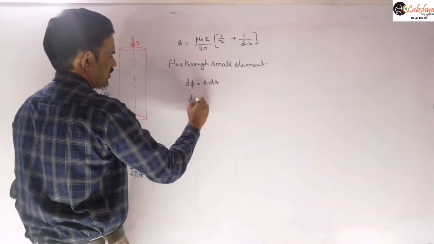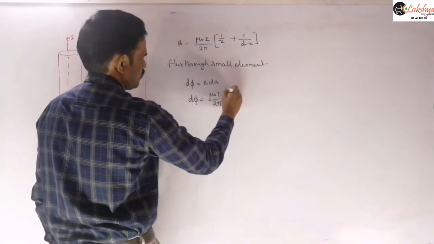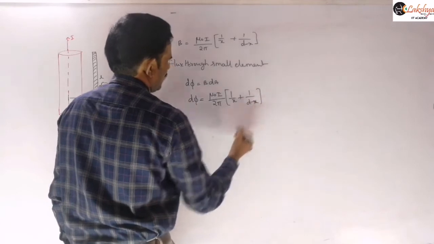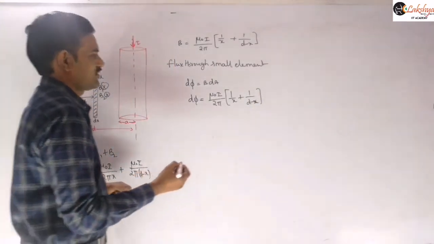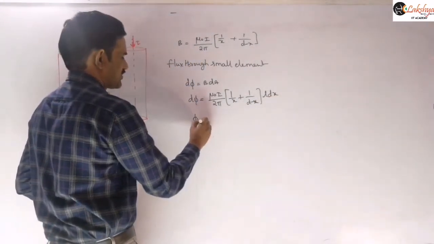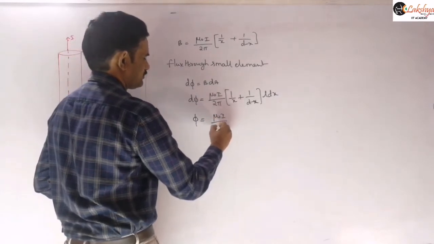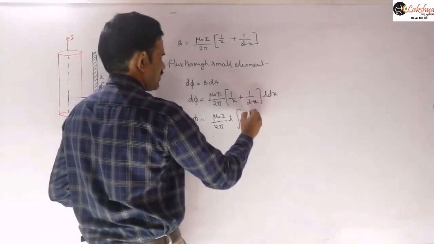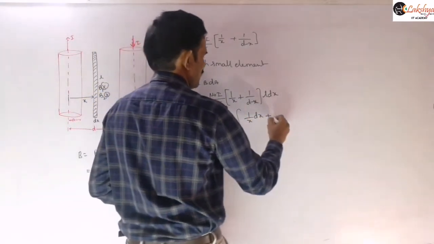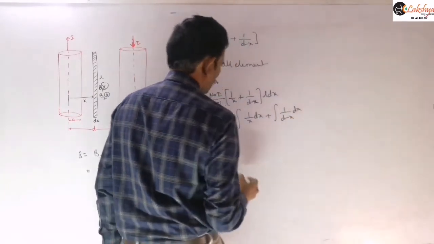So dφ is equal to mu naught I by 2 pi into (1 by x plus 1 by d minus x) into dA, the area of this element, which we can write as L into dx. And so to calculate the total flux, you can write this as mu naught I by 2 pi into L into integral of 1 by x dx plus integral of 1 by (d minus x) dx.